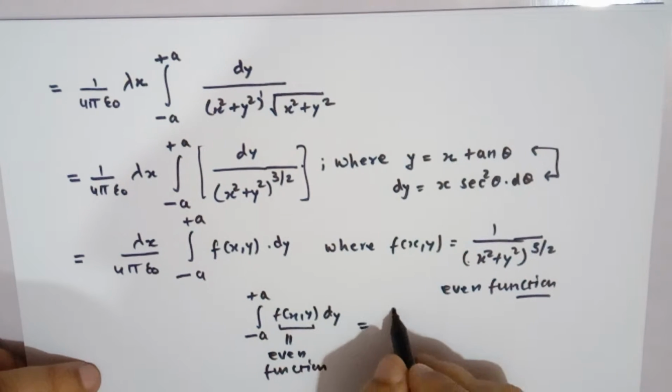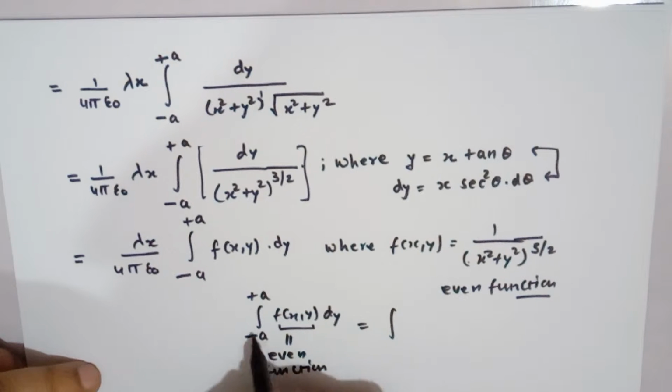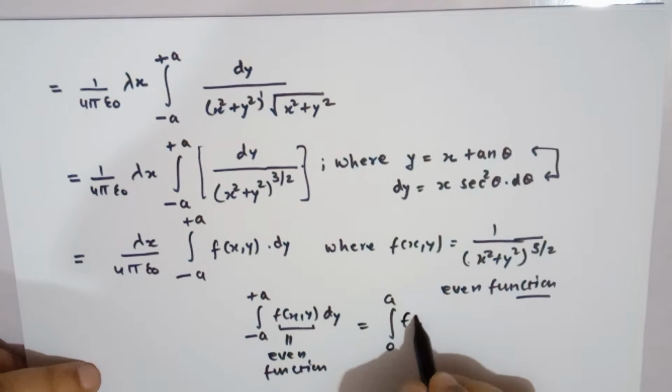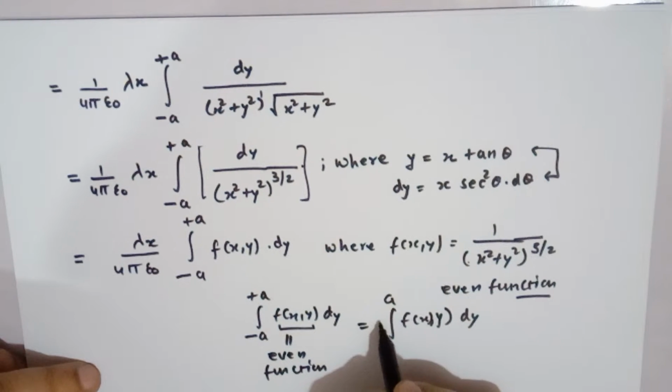and if this is an even function, then in that case that can be written as 0 to a of f(x, y) dy, twice.